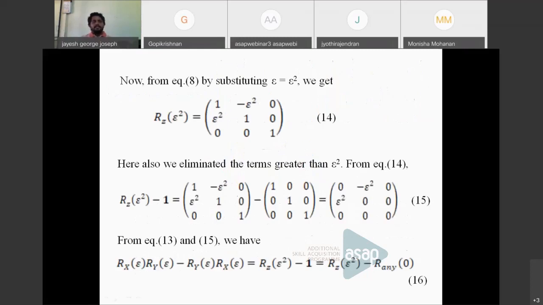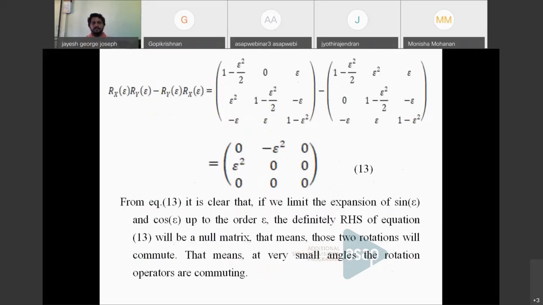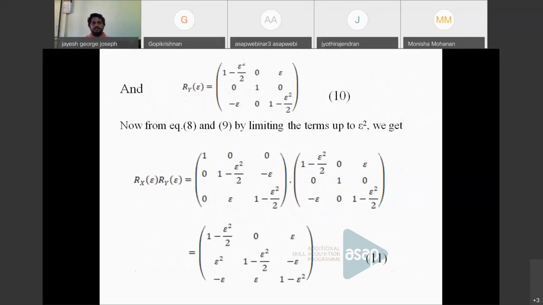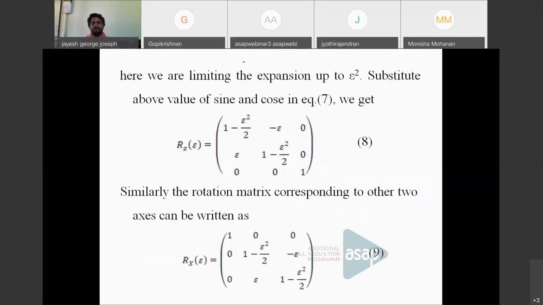Now from equation 8, by substituting epsilon equal to epsilon square, we go back to our equation of Rz of epsilon, which is equation number 8.